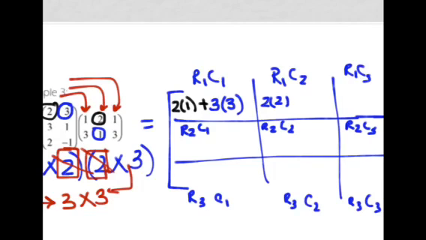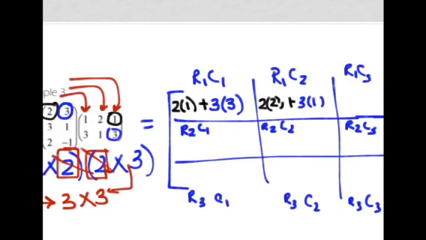I guess I should match up my colors again. 2 times 2 plus 3 times 1. And then again, the 2 and the 3 will get brought through to the 1 and the 3.